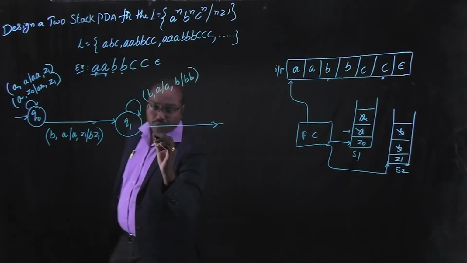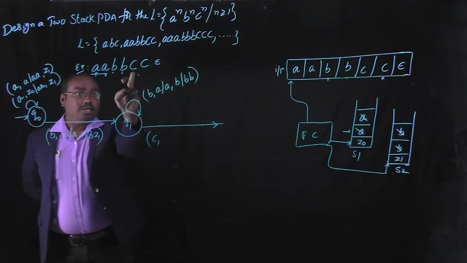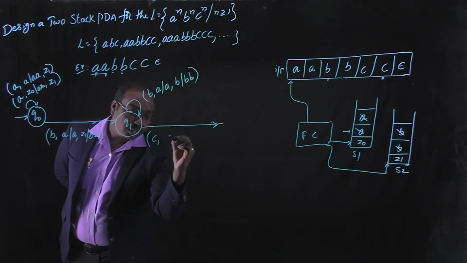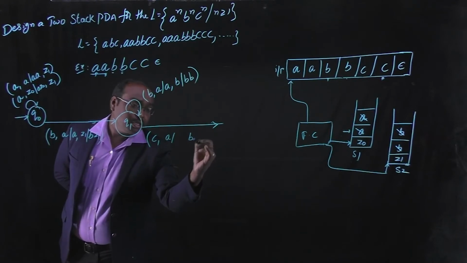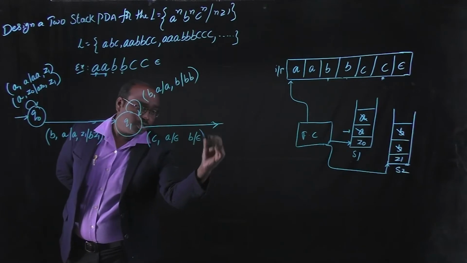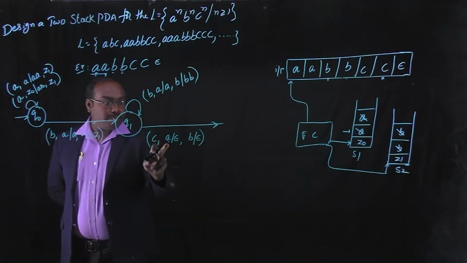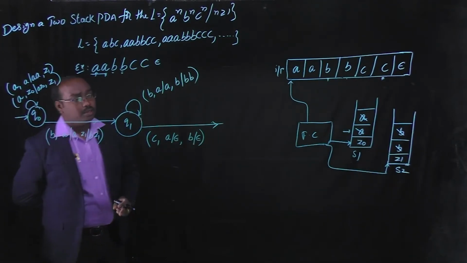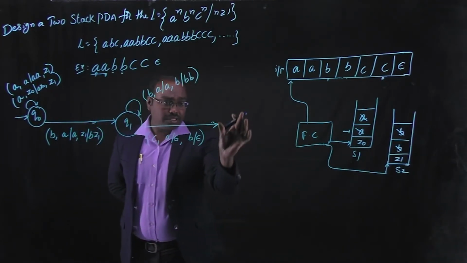For example, if the input symbol is C, the top of the element on stack 1 is A, and the top of the element in stack 2 is B. Now remove those two elements from the two stacks, stack 1's top element and stack 2's top element. So these two elements should be removed from the stacks. Okay. So here the number of C's should be there.